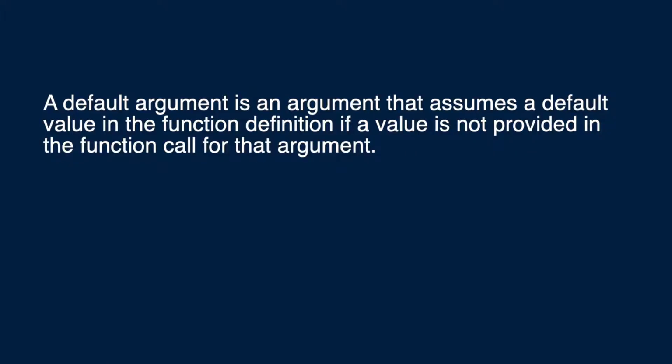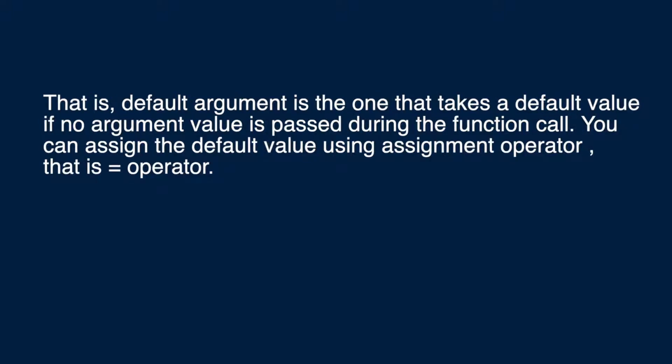Then, shall we see about default arguments? A default argument is an argument that assumes a default value in the function definition if a value is not provided in the function call for that argument. That is, a default argument is the one that takes a default value if no argument value is passed during the function call.